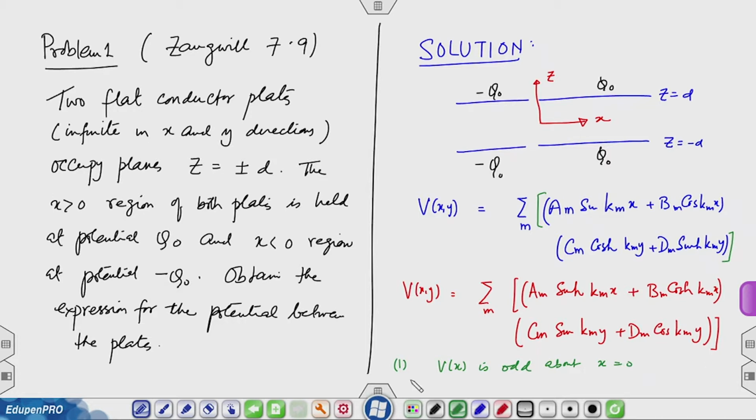And number 2, it is finite and the same, and therefore, even about z equals 0. And therefore, it is very clear that the solution I should choose would be the first one.